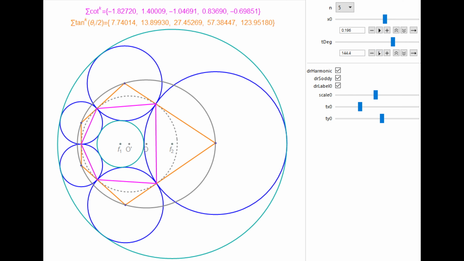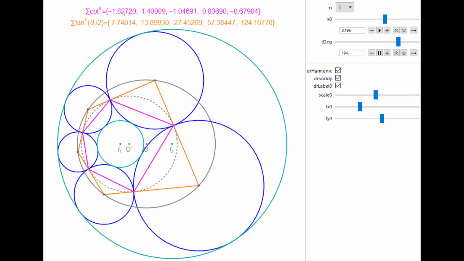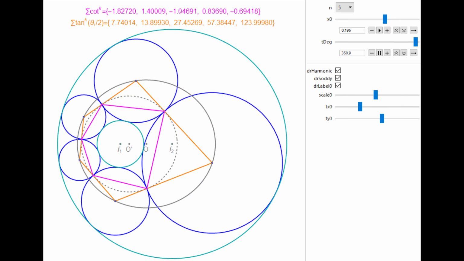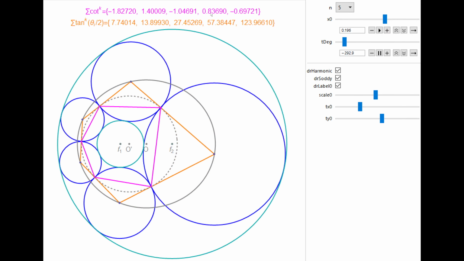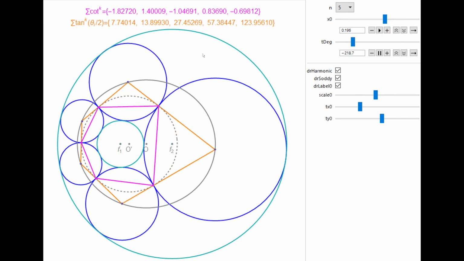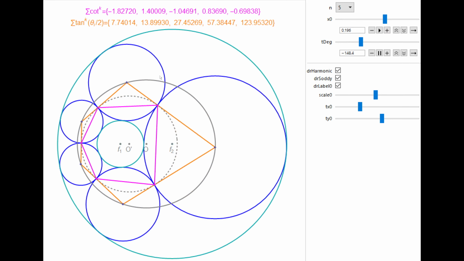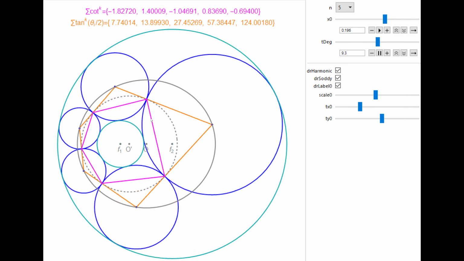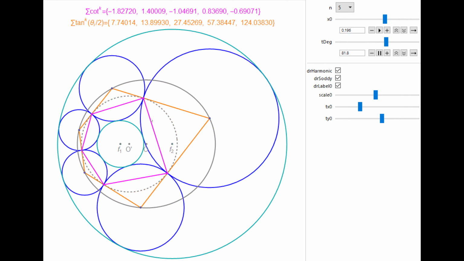Now I want you to notice what's happening here. The sums of powers of cotangents up until n minus 1, and in this case n equals 5, are being conserved by the magenta family. We've shown this in a recent paper, and I'm going to leave a link in the description.